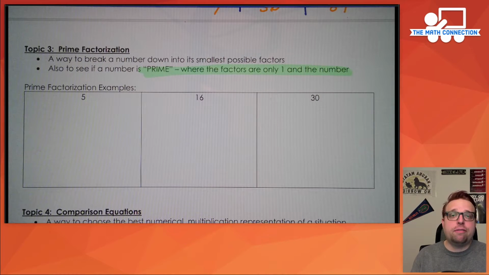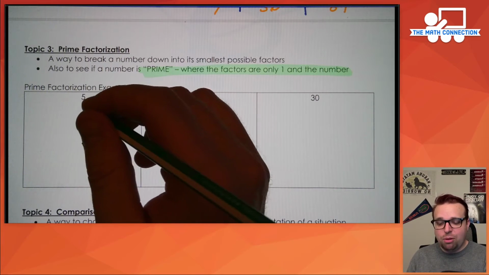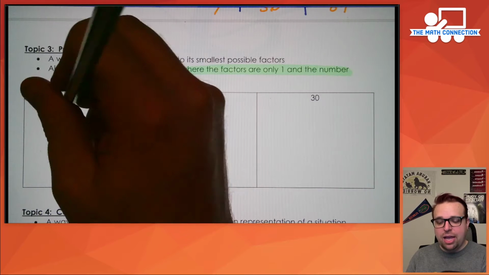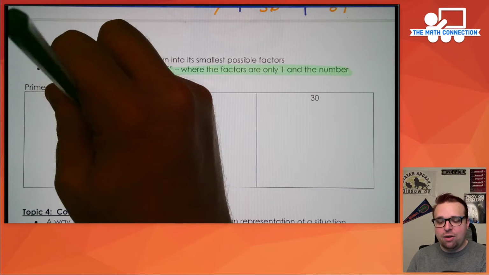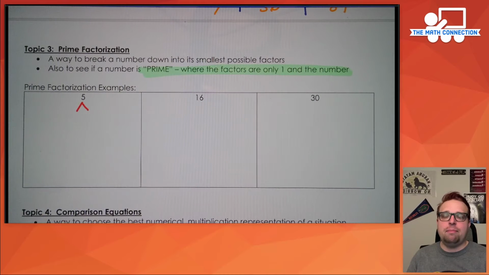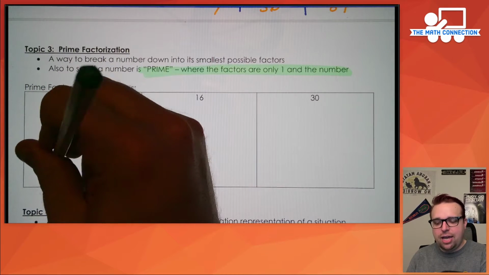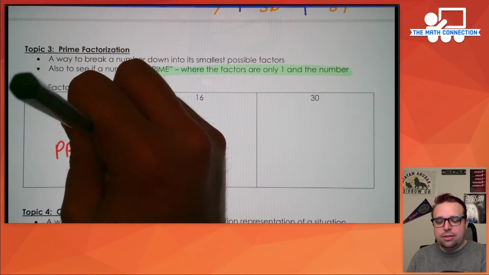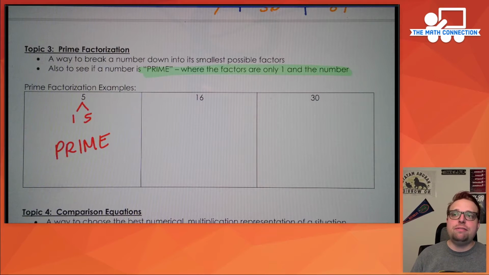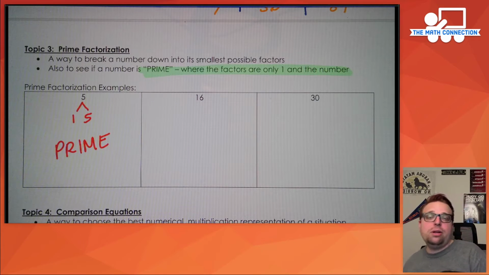And then you can keep going from there and make some guesses. Let's look at our first example. Our first example is 5. If I wanted to break 5 down, I'm going to guess that I break this down into 1 and 5. It is prime. There's no other numbers that go into 5. Remember, factors have to be smaller than the number that you're looking at.